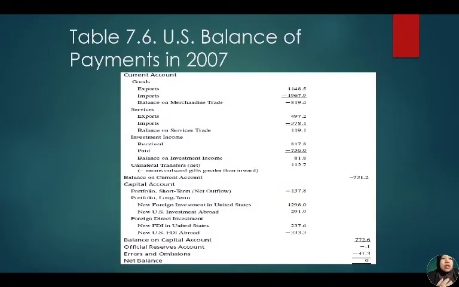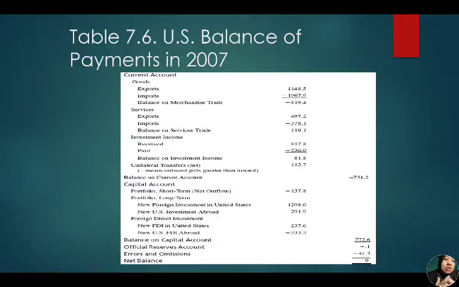This is an example of the BOP for the US. We have the current account, which is import and export of goods, import and export of services. If our exports are more than our imports, then we get a surplus, or profit.